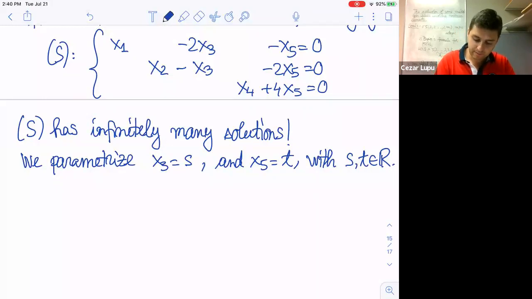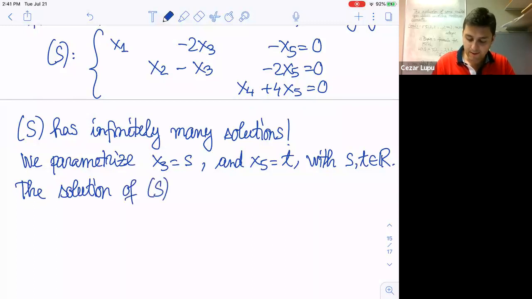Okay, once we have this, then we can write the solution of our system S as the following.